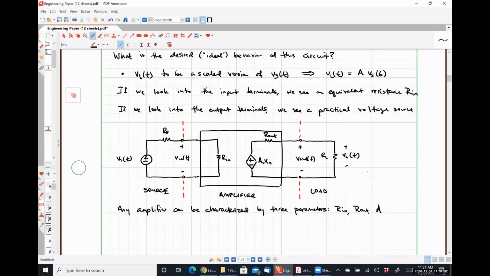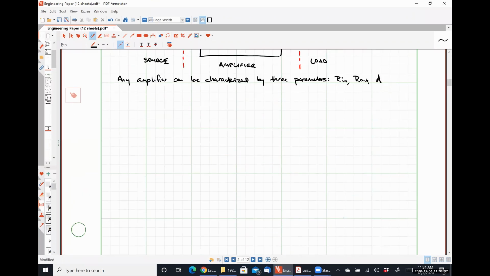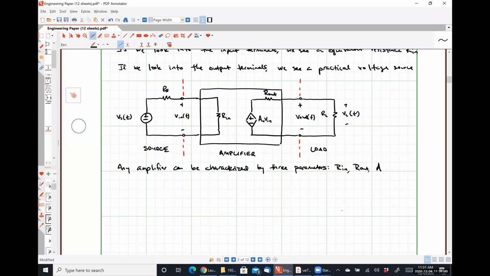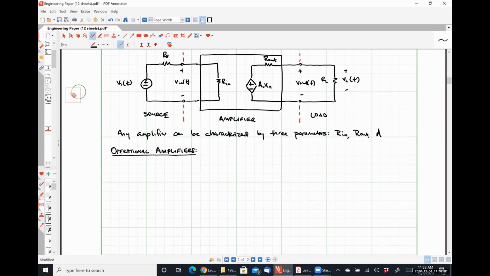So let's circle back around to operational amplifiers. The practical op-amp model for an operational amplifier is very slightly different than the practical model for a general amplifier.